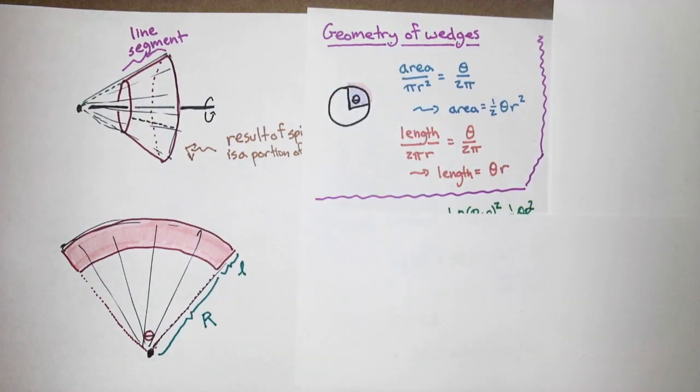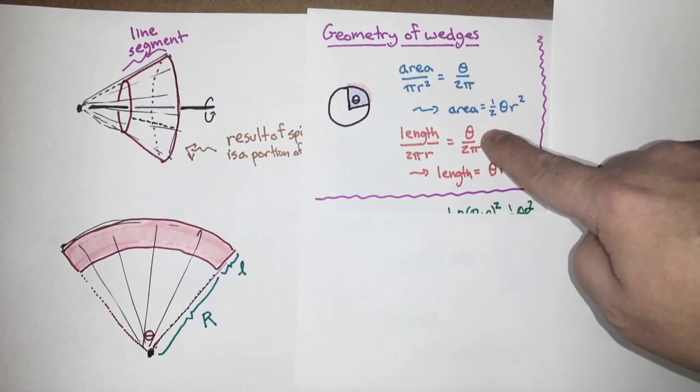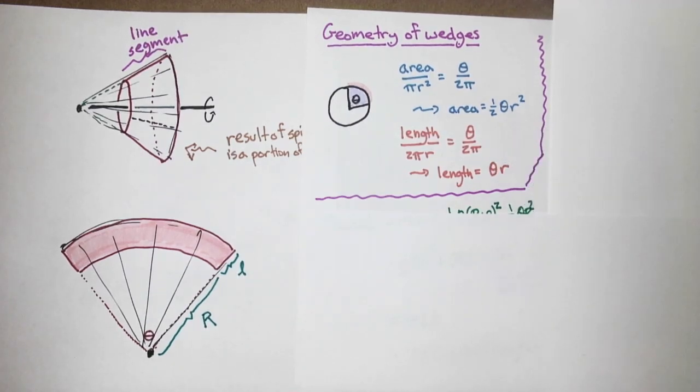That has to match the angle in the middle divided by 2 pi. Multiply across by 2 pi r. The 2 pi's cancel. So if I take the central angle times the radius, that tells me how much length there is along the edge. All right. With that in mind, we're ready to do our computations.